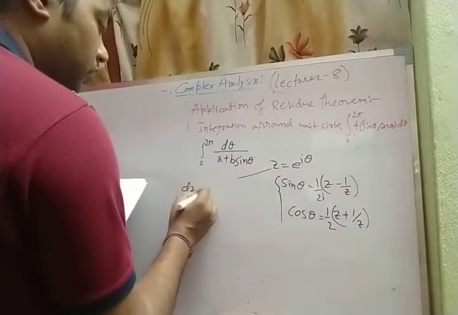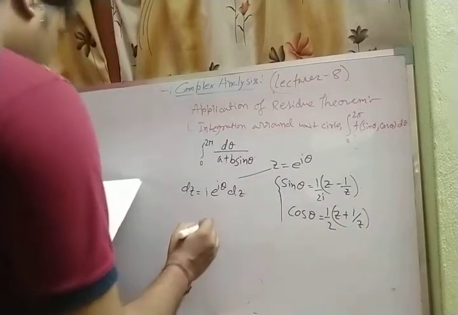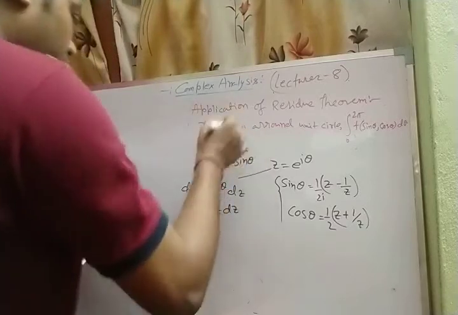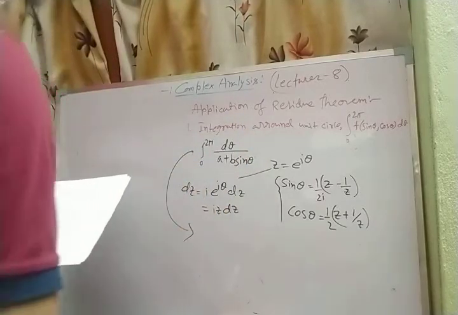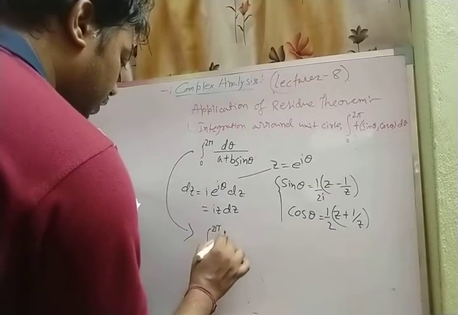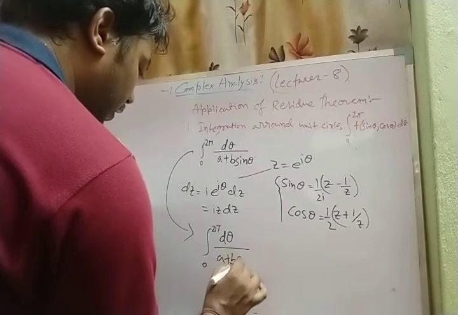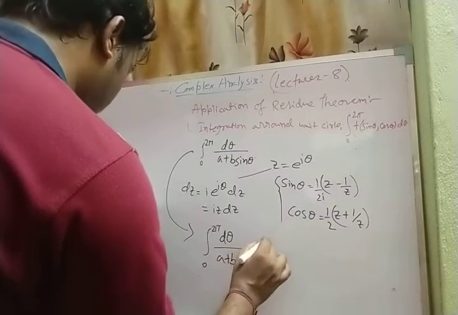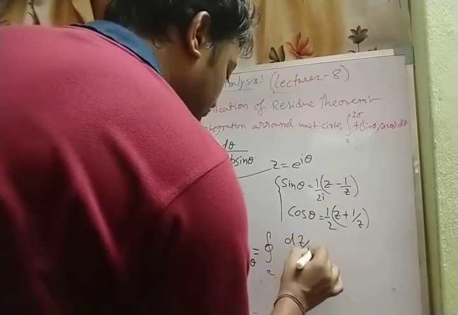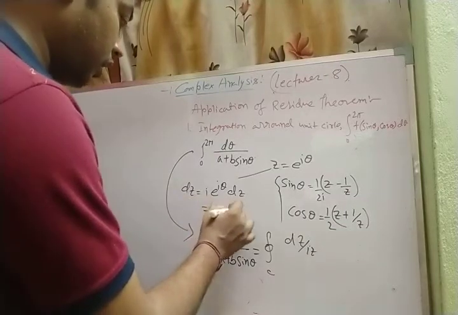Now substituting the values into this equation, from here you can write dz is equal to i e to the power i theta d theta, or i z d theta. Now putting this into this integration, we can write integration 0 to 2 pi d theta by a plus b sin theta equals closed integration over C of dz by iz, sorry, it is d theta.